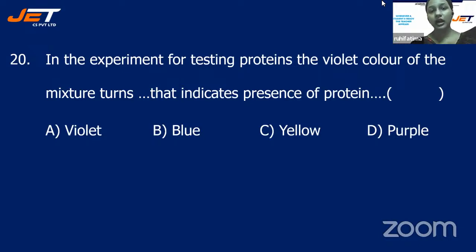And here they are asking for the confirmation: the color changes from violet to which color, which confirms the presence of protein. And actually, the correct answer is purple. Violet color turns purple, and the protein test is confirmed.